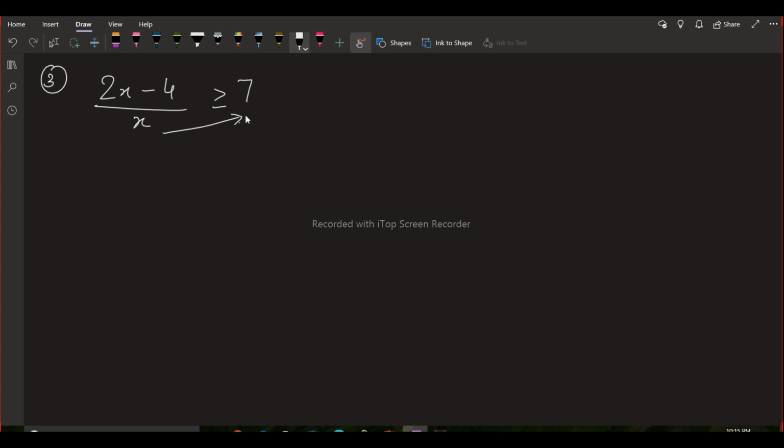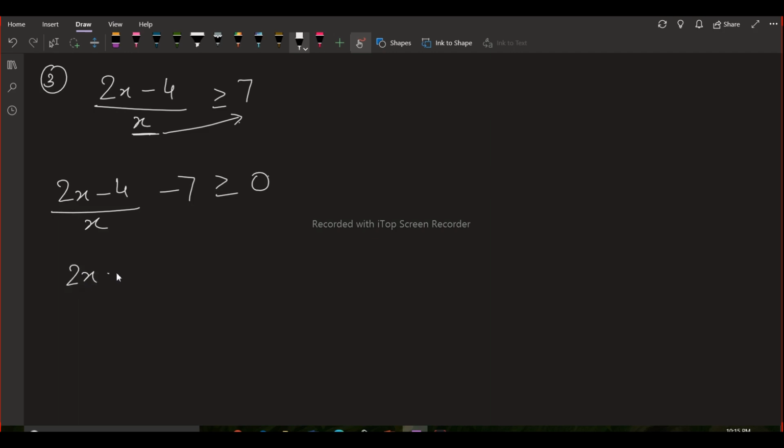Why? Because in inequalities, we only cross multiply if we know the sign of a particular term, because if the sign is negative, then the sign of inequality reverses. So since we don't know the sign of x, I will not cross multiply. However, I will take LCM. I'll take 7 on the left side and write this greater than equal to 0. Now I'll take LCM.